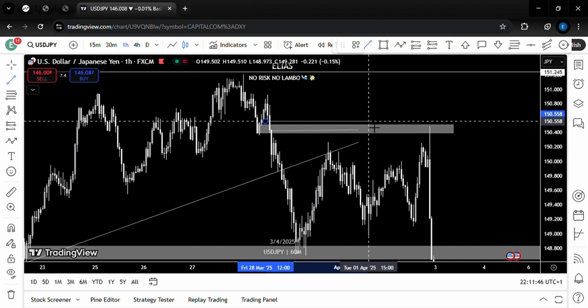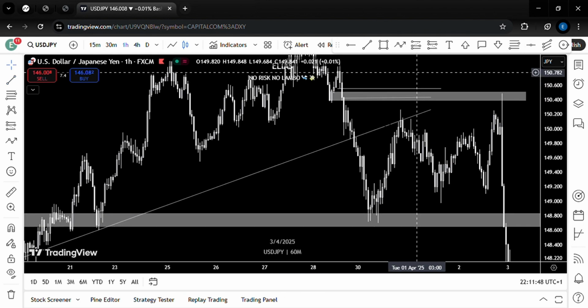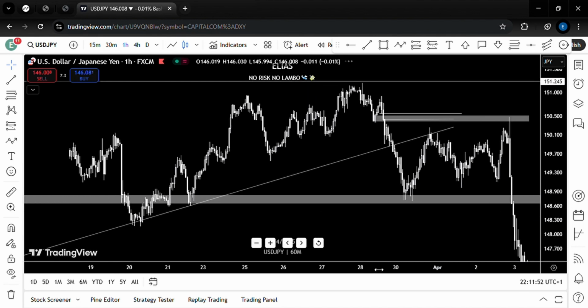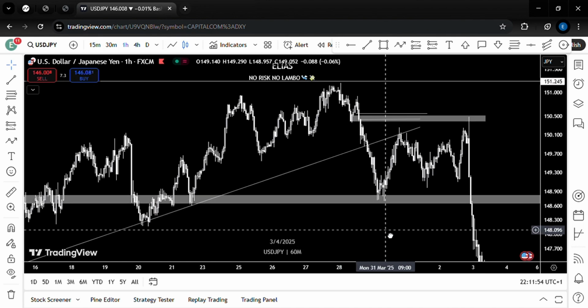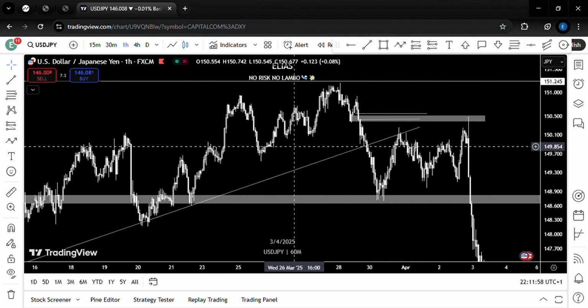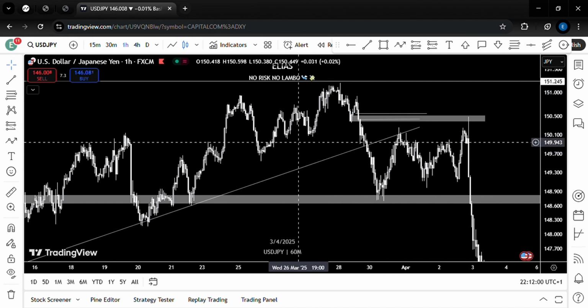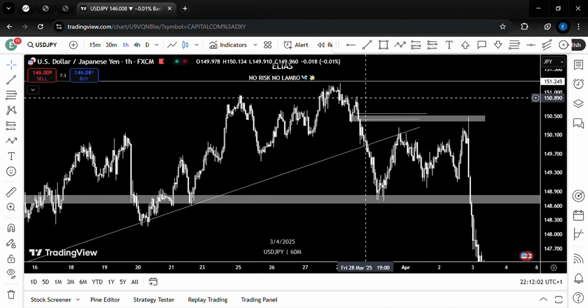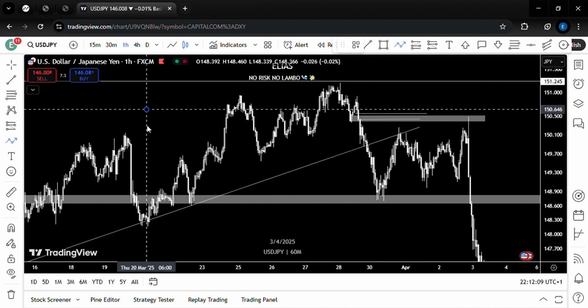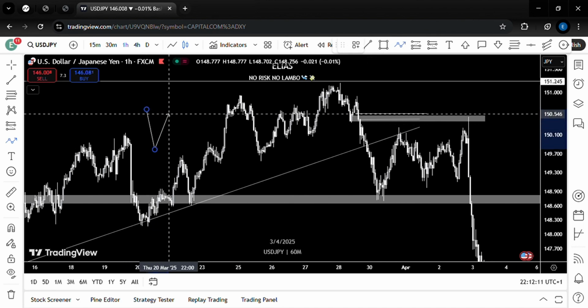Again, for those of you that are not into SMC, this was the high that broke all these internal lows. I told you guys that for every break there will always be a retest.